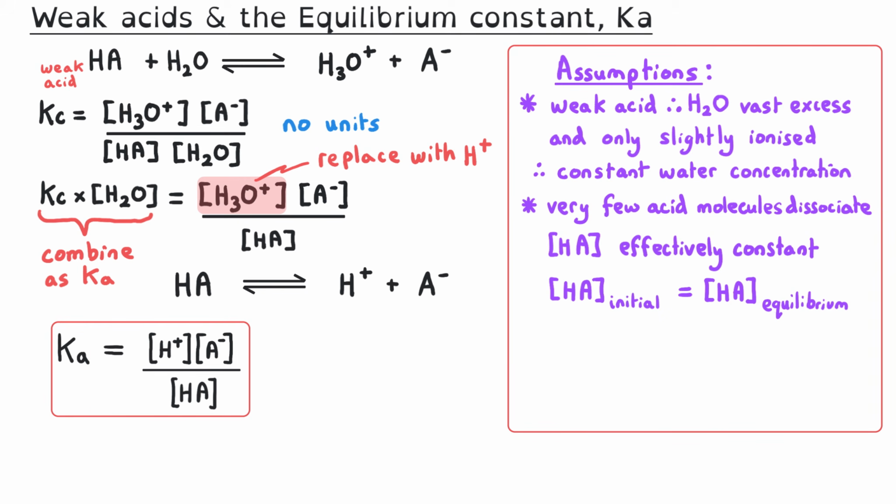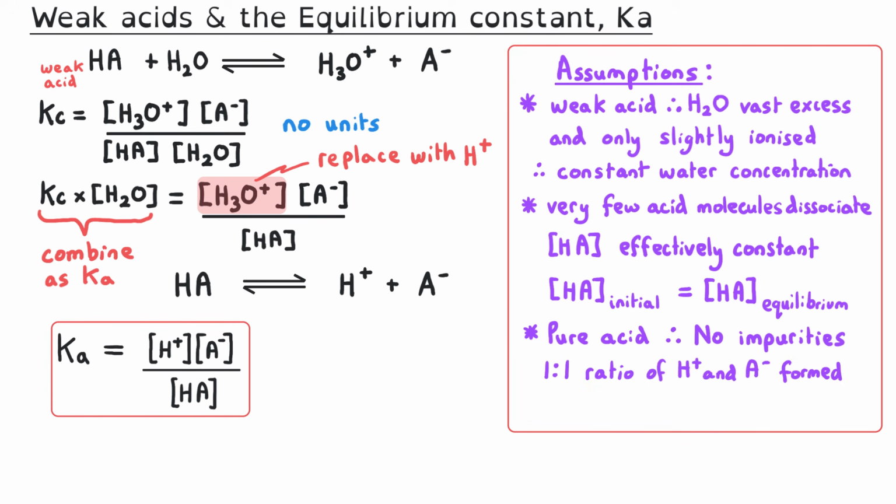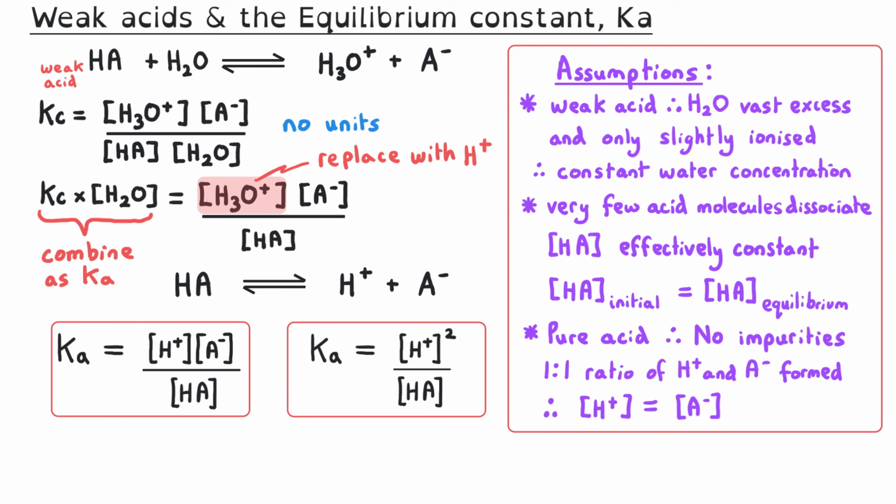In order to do that, we also need to recognize that we're assuming that this weak acid is totally pure, which means that there are no impurities present, which means that since we have a 1-to-1 ratio of hydrogen ions and the conjugate base, we can say that the hydrogen ion concentration is equivalent to the A- concentration, and so we can amalgamate those terms on the top of the expression, and so we can have Ka equals H+ concentration squared divided by the concentration of the undissociated acid.